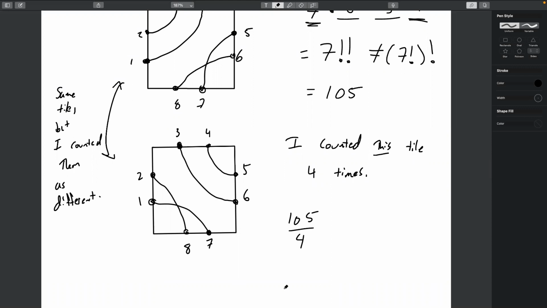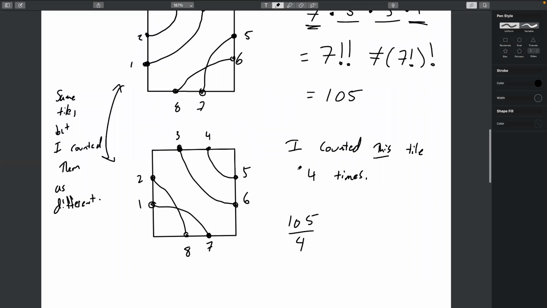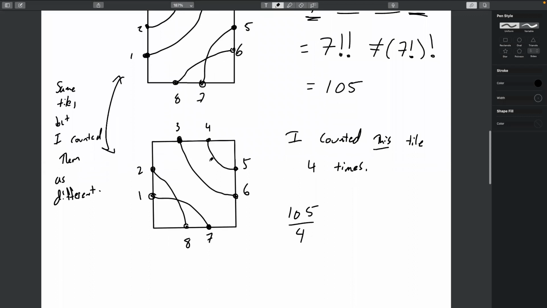Uh-oh, there's a problem with that, right? That doesn't give me a whole number of tiles. So we're on the right track. We need to account for this kind of symmetry, this overcounting, but it seems like just dividing by 4 is not going to be enough. Can anyone think of a reason why?